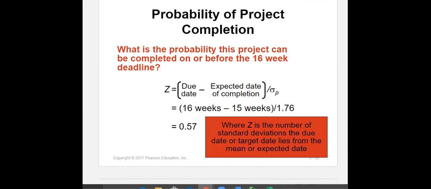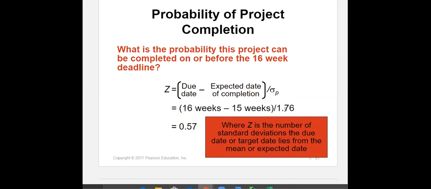So what I'm going to do is type in your chat the formula we're going to use. So look, I want to find the due date, right? Now I have z, I have expected, which is 15. I have sigma, which is 1.76. So I solve this equation for due date. That's it.